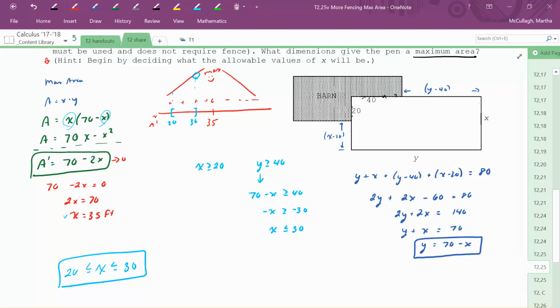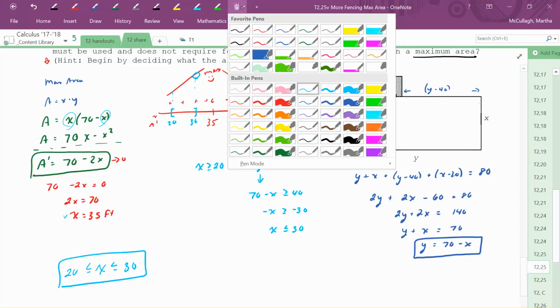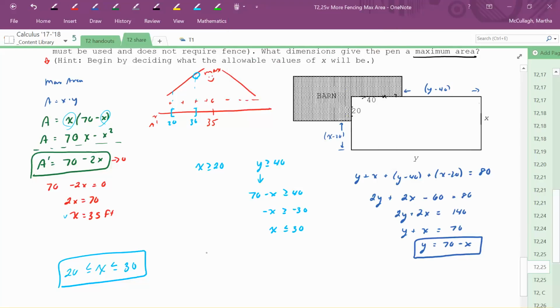So we're going to let x equal 30 feet. And if x equals 30 feet, y is 70 minus x, so y is 70 minus 30. y equals 40 feet.